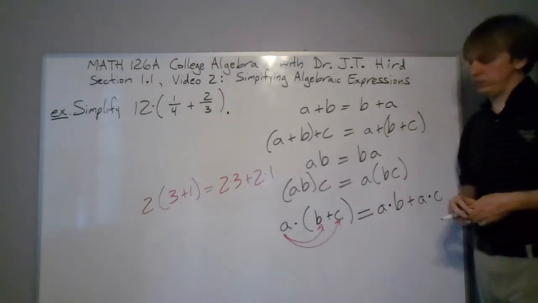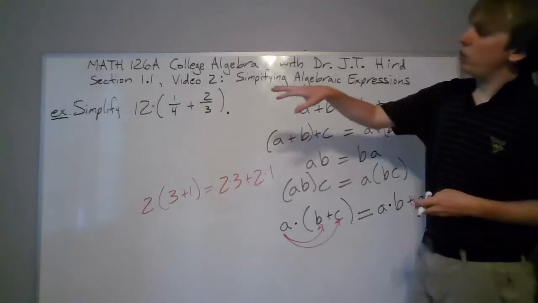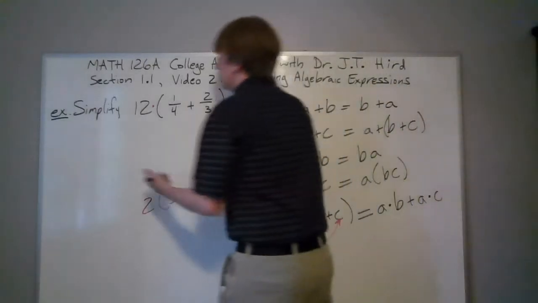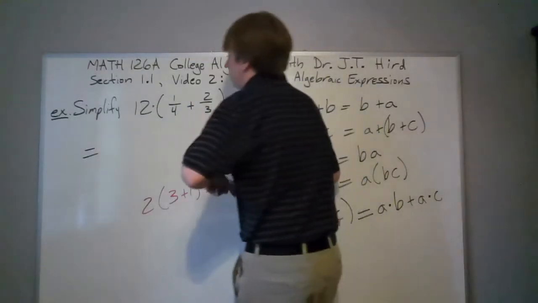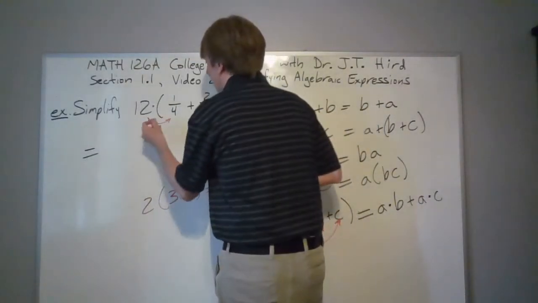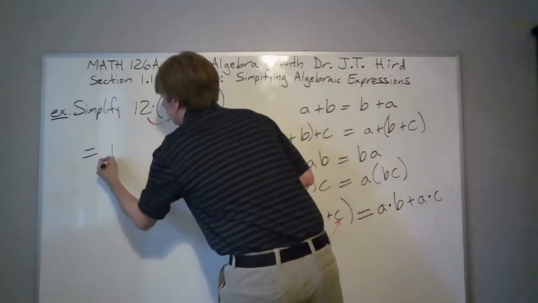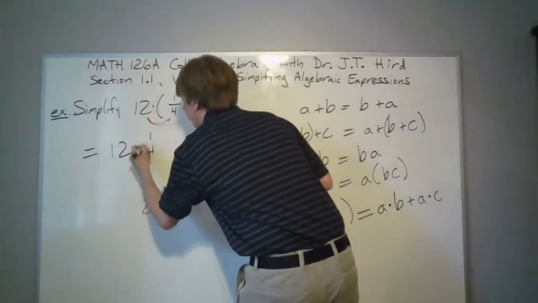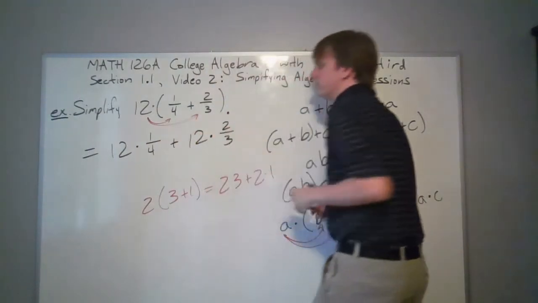It turns out it will in this particular example. So if I have 12 times the sum, that's the same as distributing 12 times both pieces, 12 times 1/4, and 12 times 2/3. So 12 times 1/4 plus 12 times 2/3.